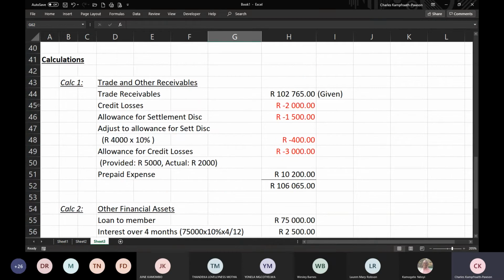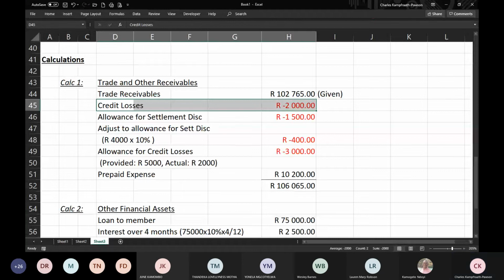So we can look at our calculations first because those items need to go in there as well. So if you look at trade and other receivables, we had the credit loss. Should that affect my retained earnings? Yes. Yes, it does. It should.